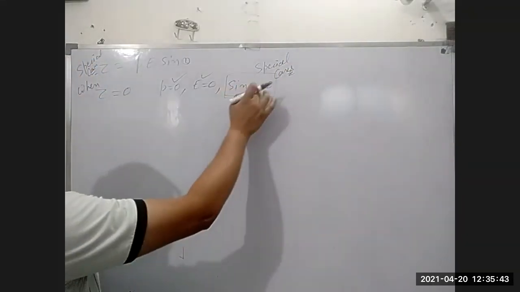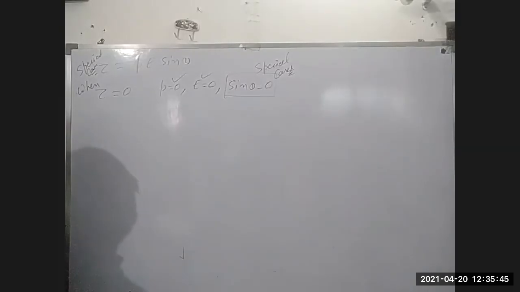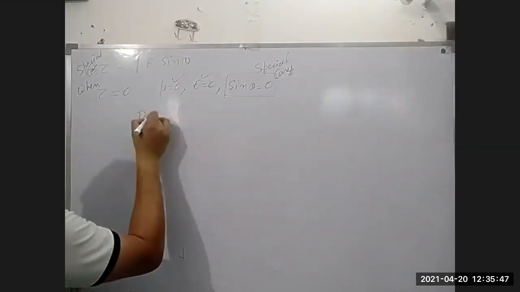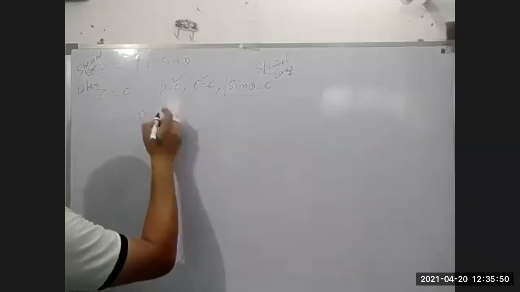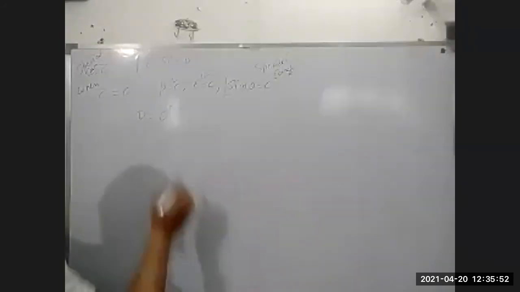Whenever the sin theta value is 0, when theta is equal to 0, what is the meaning of that?